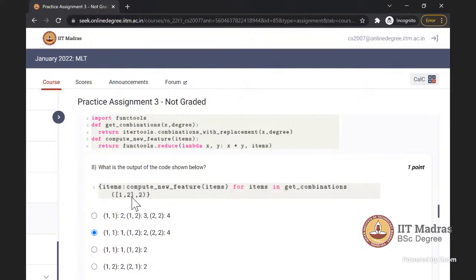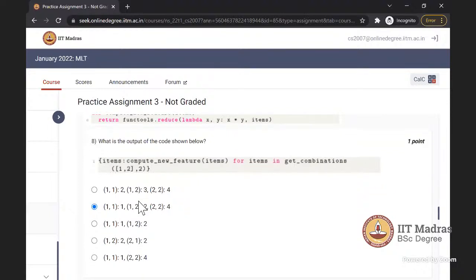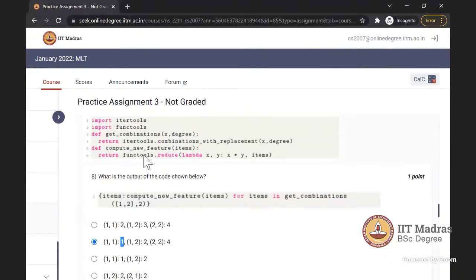So we have to create combinations of degree 1 and degree 2 with this feature vector 1, 2. So you will see that if we take 1 square, we are going to get 1. And how we are defining that? See this one. Every time we are computing a new feature, how we are going to do that? We are going to multiply them.